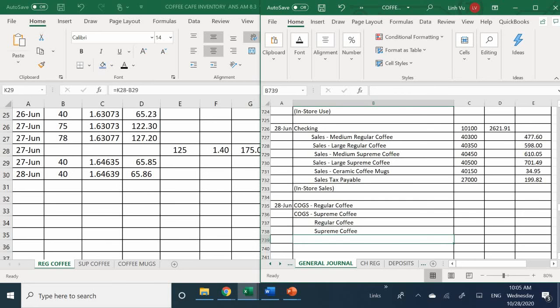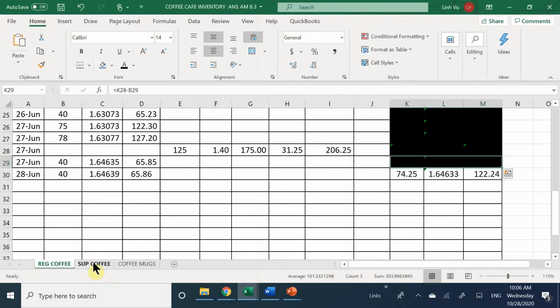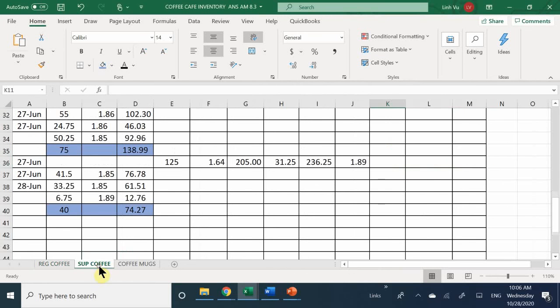On the debit side, COGS regular coffee is 65.86. Same thing on the credit for the regular coffee. On the supreme is 74.27. Same on the inventory, 74.27. Yeah, because we added them together.